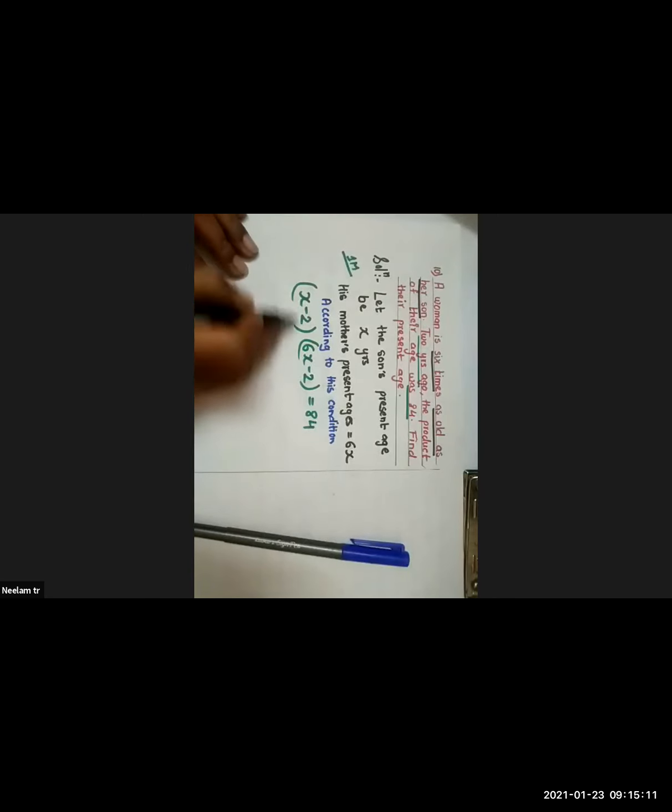Okay. So the next step is you need to solve this bracket. I hope you all know how to solve it. How to solve it? X into 6x minus 2, then minus 2 into 6x minus 2. What you'll get? X into 6x, that is 6x square. Minus 2 into 6x, what you'll get?